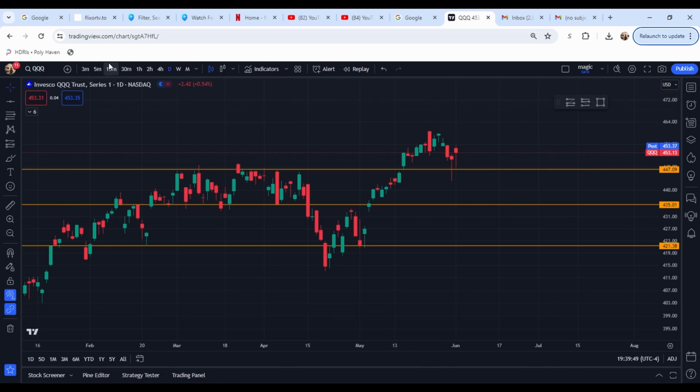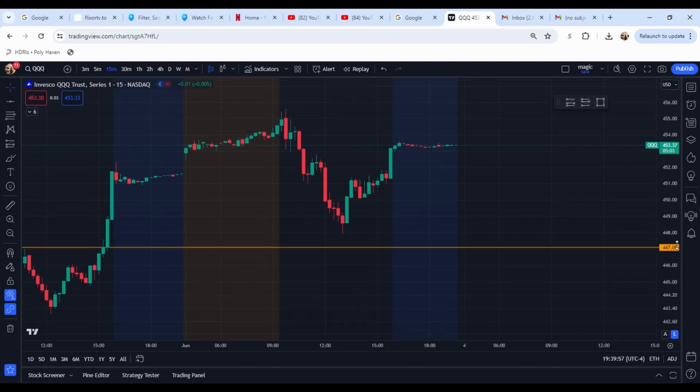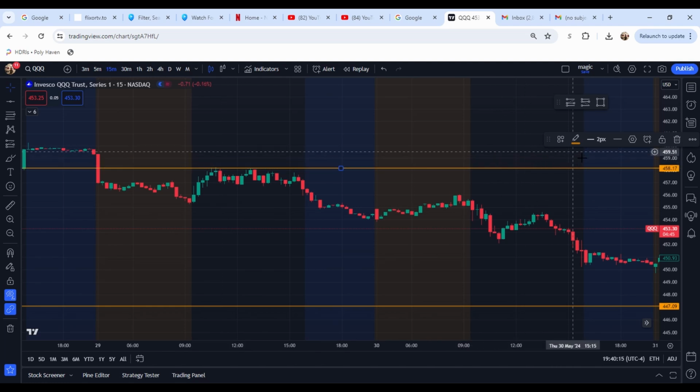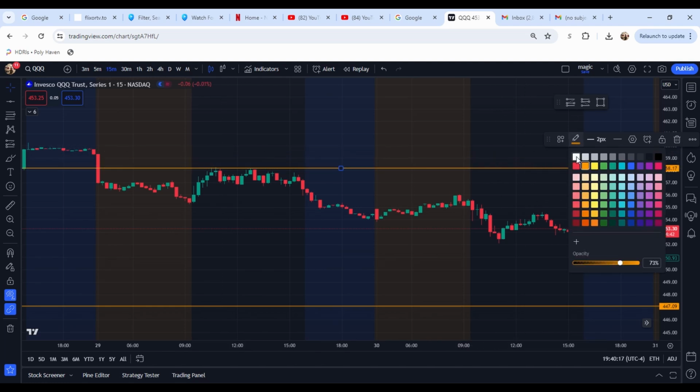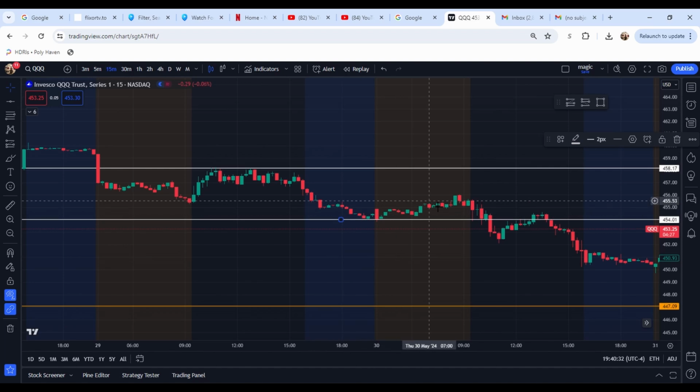Now, if we go down to a lower time frame, let's say the 15-minute time frame, right? You'll have more levels, right? You'll have levels like this. And let's just make these a different color to differentiate, right? We'll make them white, right? You'll have this kind of resistance here, right? You'll have some type of support here, right?